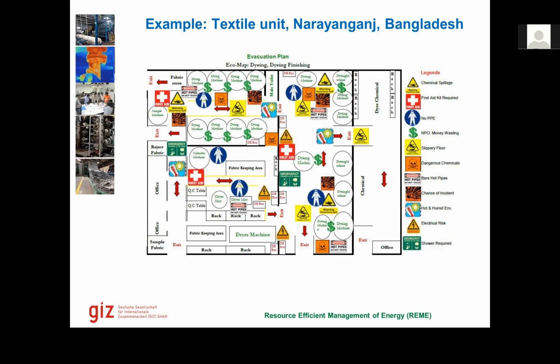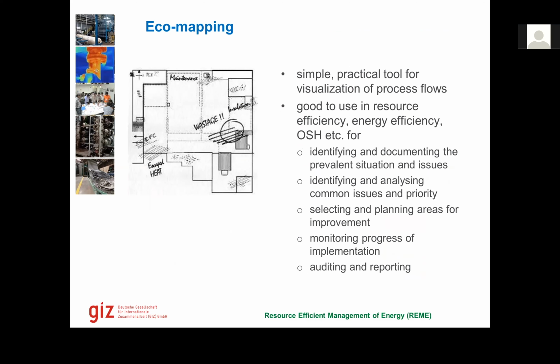So you see, eco mapping, as I show you this one here, is combined eco mapping for a lot of things. You can see it also shows safety, it also shows chemicals, it shows energy and a lot of things. But this is only an example. As I said earlier, for example, here, this is an eco map only for energy.